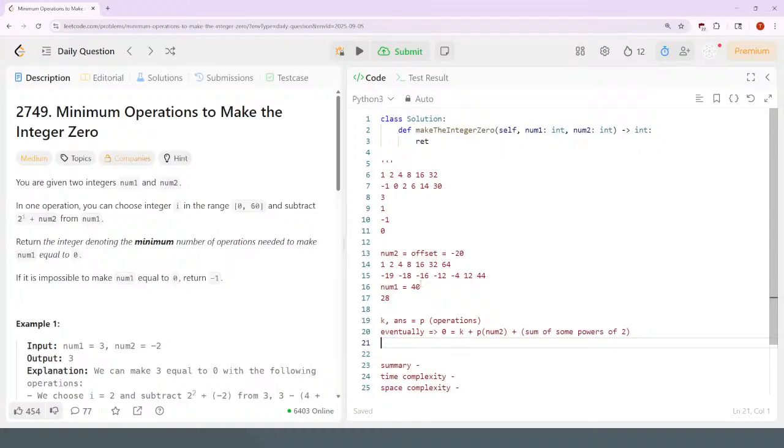So k plus p times num2 is equal to the negative of some sum of powers of 2. And if you deal with a sum of powers of 2, is there any particular property of them?